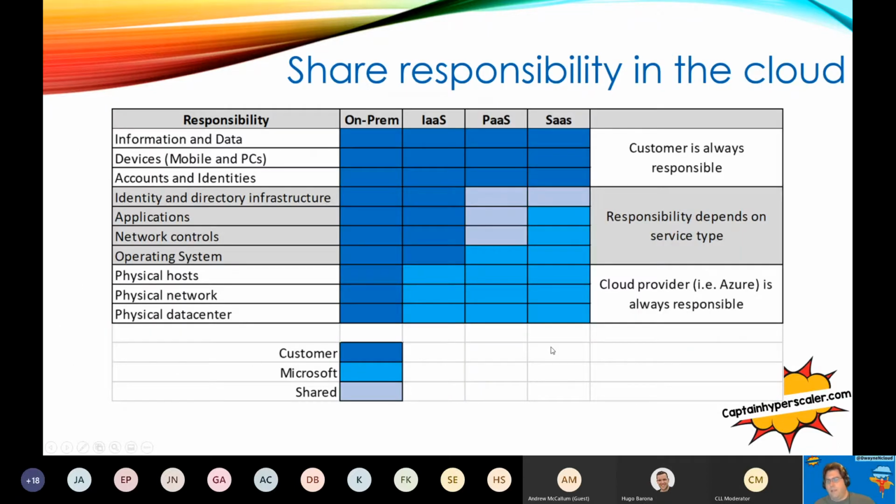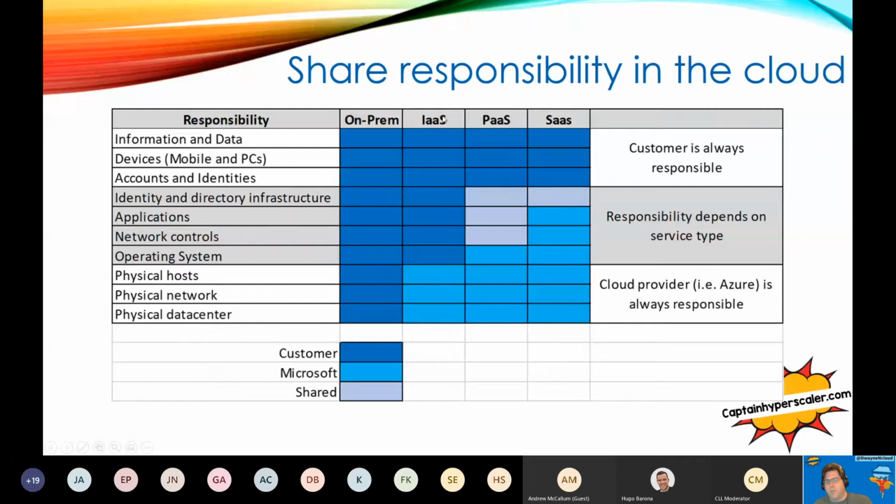Within the cloud, and specifically because this is an Azure focused discussion, there's the shared responsibility. As we go through each of the types of cloud services, starting with just your own private network on premise, you look at how much responsibility you have as an architect and an organization versus how much the cloud provider, such as Azure, has in protecting that information.